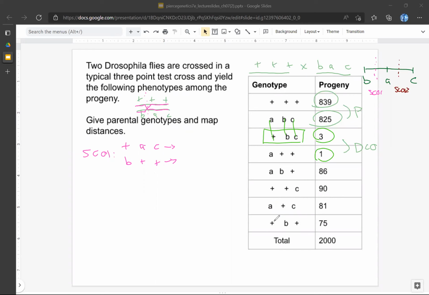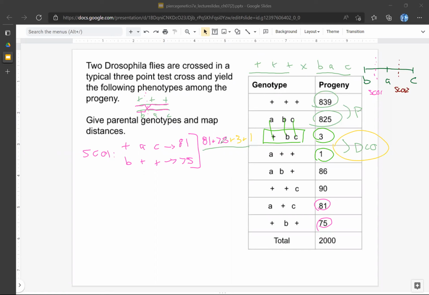So we have 81 and 75, specifically the plus AC is 81, and the B plus plus is 75. So we can combine these. We have our 81 plus 75 plus, I'm going to make the double crossover color yellow for some reason, 3 plus 1, hopefully that's not too difficult to see, and then divide it by the total number of progeny.